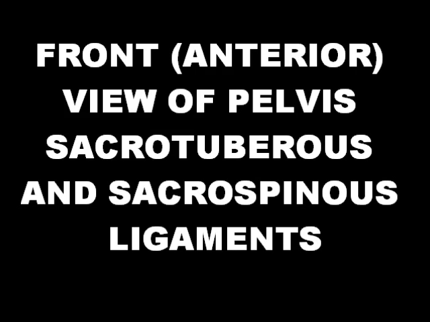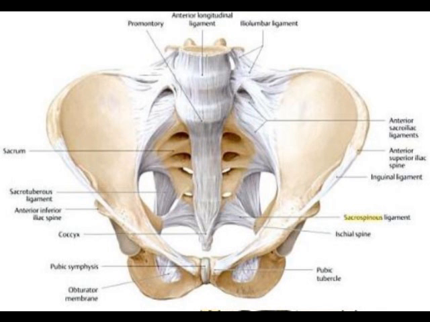Okay, now we're going to talk about the front view or anterior view of the pelvis, which will include, importantly, the sacrotuberous and sacrospinous ligaments. First, look at the mid-right part of the pelvis.